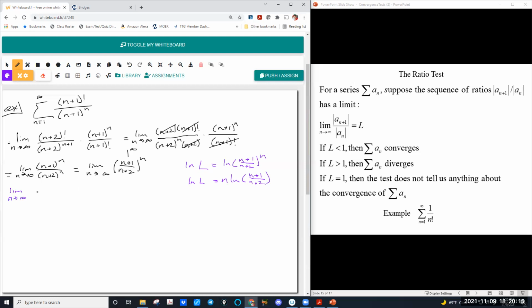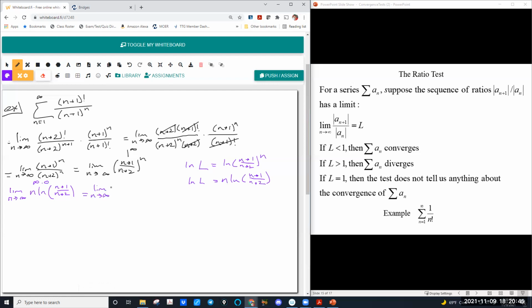Again, not obvious if you haven't done it before. I just wanted to go through this one with you, just so you can see a really interesting example of how interesting these limits can get. Now, right now, this goes to 1. Ln of 1 is 0, and that is infinity. So this is an infinity times 0 case, which means we can rewrite it for L'Hopital's. So limit as n goes to infinity.